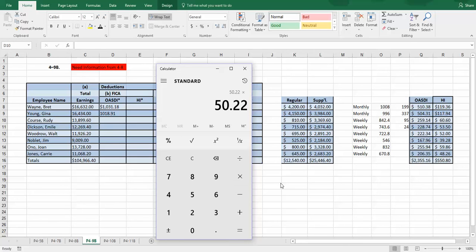Multiply that by 12. So for 12 paychecks, it's $602.64. We're going to add that to our $259.14 that we already calculated. So this person's OASDI is $861.78.